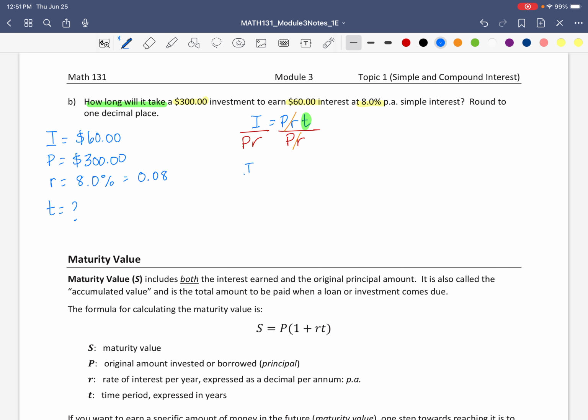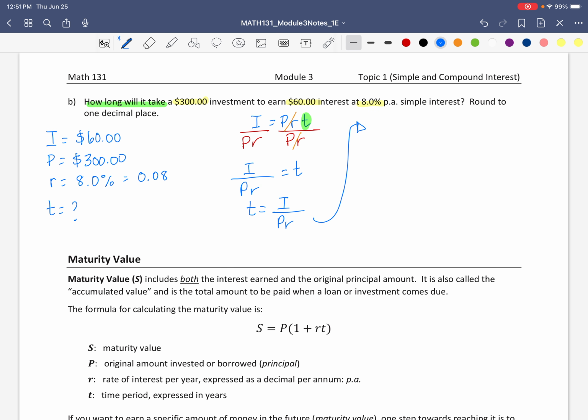So what we have is I divided by P times R is equal to T. Now, for some of us, we don't like the T on the right-hand side. You can always just flip the whole thing if you prefer to work in this manner before you do your substitution. All right, so now we have our formula of simple interest rearranged for time.